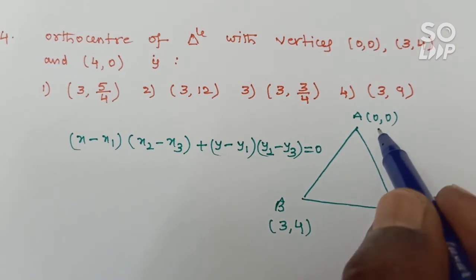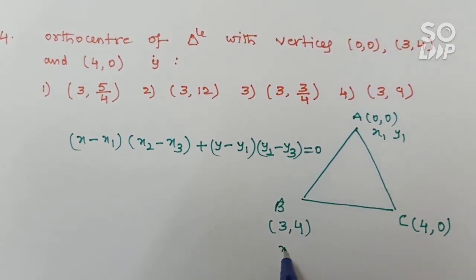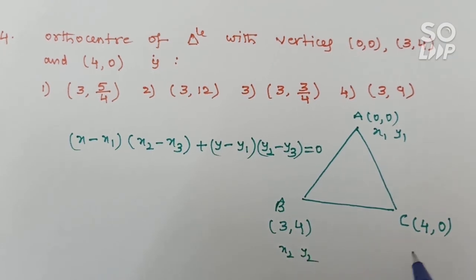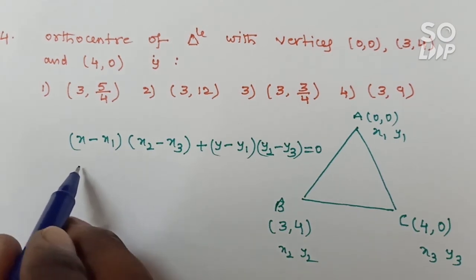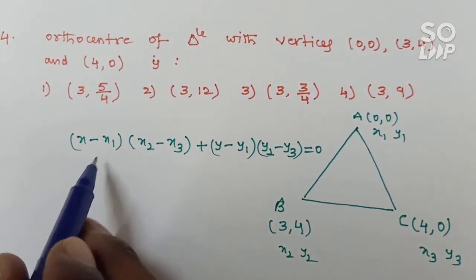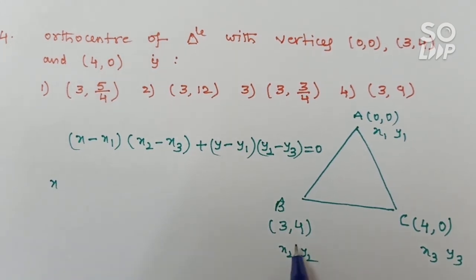Here this one is x1, y1, this point is x2, y2, and this one is x3, y3. By substituting in this, x minus x1 is nothing but x, and x2 minus x3 is minus 1.